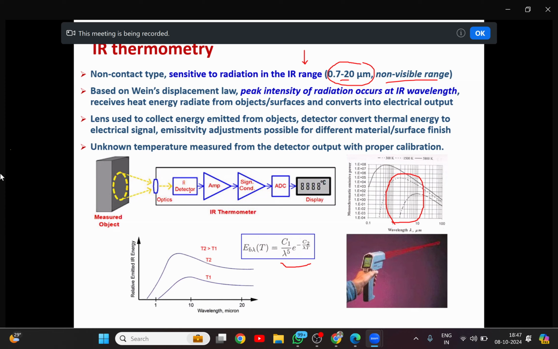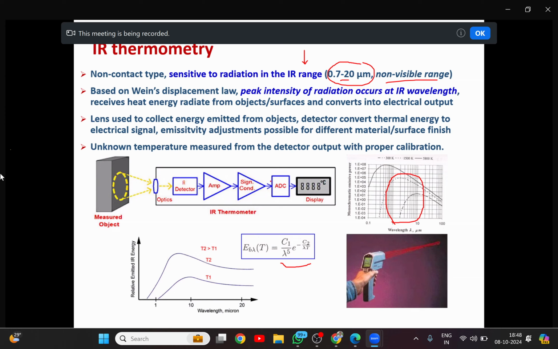Okay, and then the signal is fed into an amplifier, because this IR detector basically converts the thermal energy into electrical energy. This electrical signal may not be very large, so you use an amplifier and then a signal conditioner, right?